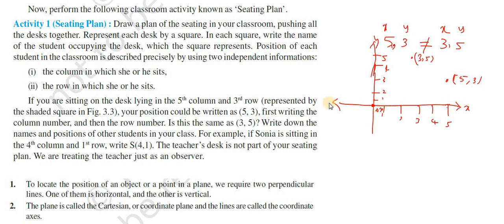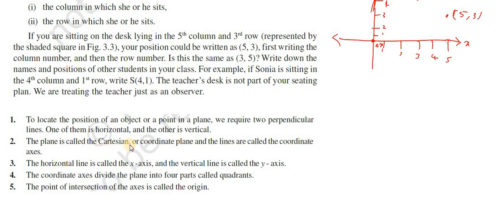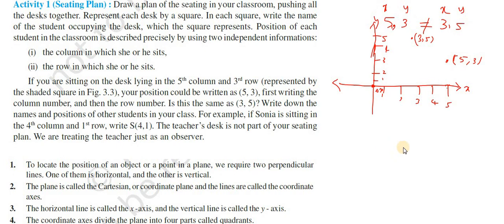The horizontal line is known as the x axis, and the vertical line is known as the y axis. The point of intersection of these two lines is known as the origin. The x-axis is also called the abscissa, and the y-axis is also called the ordinate. This complete system of x-axis and y-axis is called a Cartesian system.